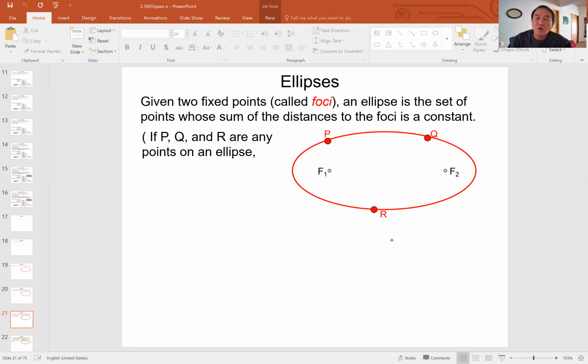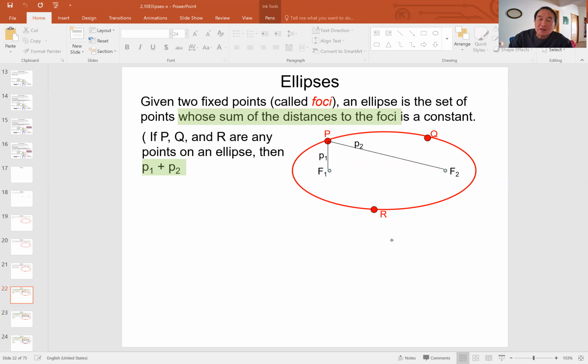If I arbitrarily choose 3 points over here, the requirement is on the sum of the distances to the foci. If I'm standing at a point P, I measure how far P is from the first focus, F1, that's P1, and then I measure how far it is to the second focus, that's P2, and I add up the sum.